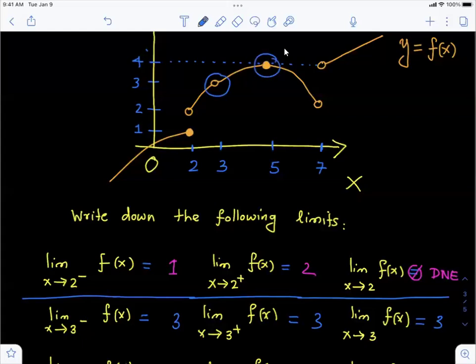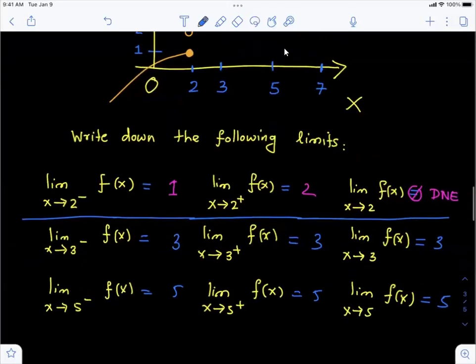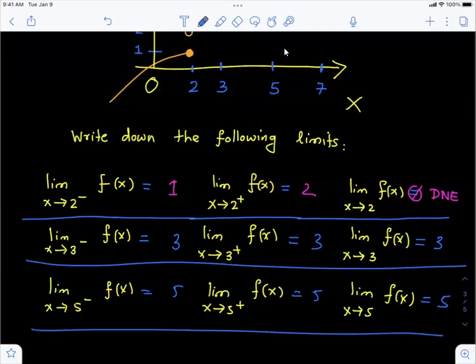But try to understand this dot has nothing to do with limit computation. We are still sliding through this function to figure out the height the function is approaching when you consider the limit of the given function. So that's exactly what you need to understand.